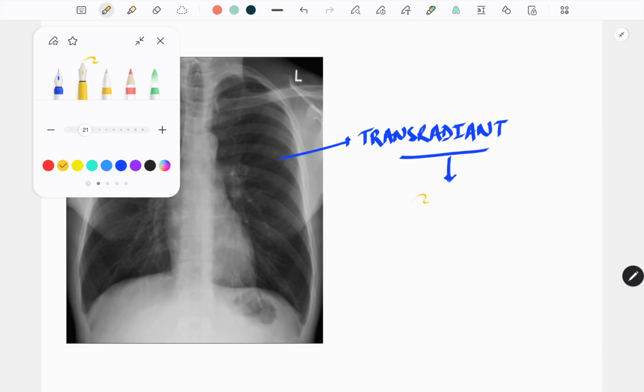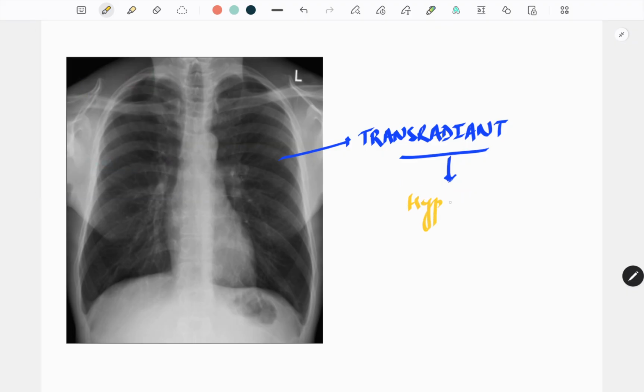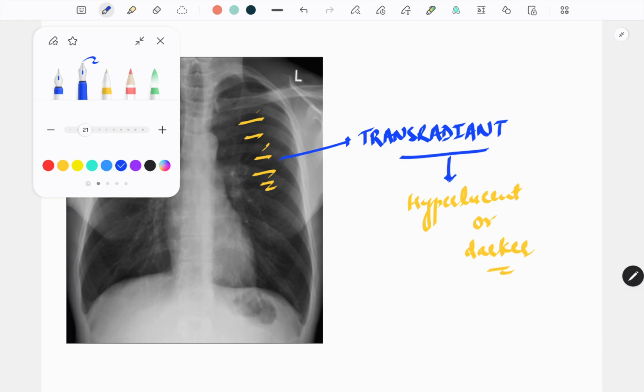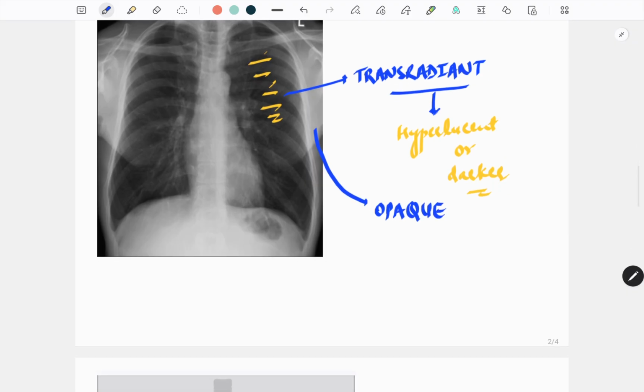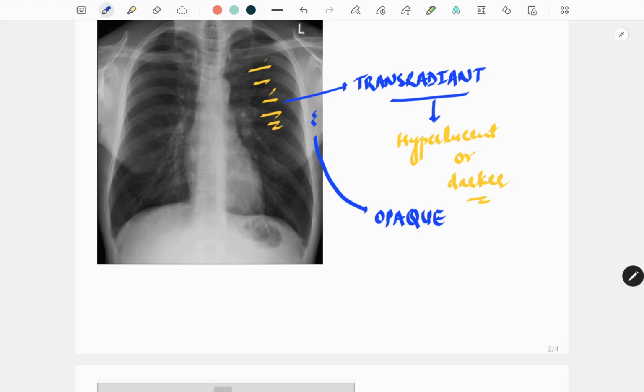It means hyperlucent or darker, like this. The rest of the areas, they appear opaque, like the soft tissues.